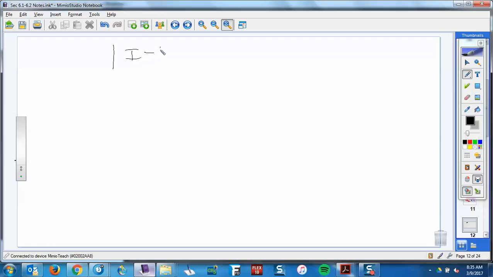I minus L sub n, and it could also be R sub n, is less than or equal to K1 times b minus a squared over 2n. And then write a little note to yourself that K1 is the max of the absolute value of f prime.